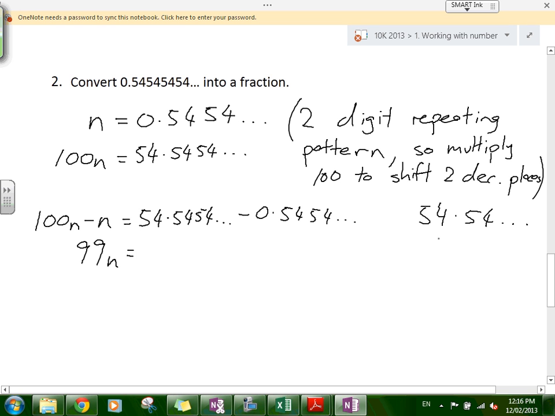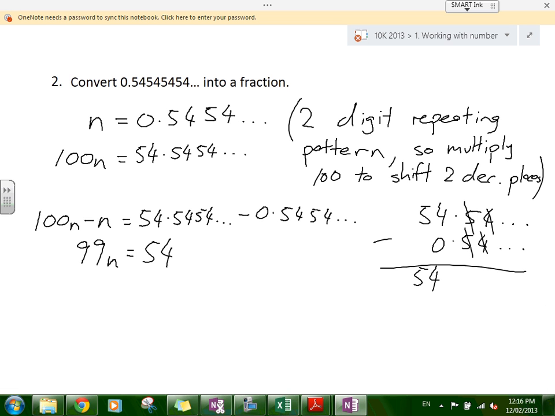54.54, 0.54. You subtract it. The 4s cancel out, the 5s cancel out, and I'm left with 54. So 99n equals 54. What do I have to do to get n on its own? I can't take it away. You've got 99 times n.